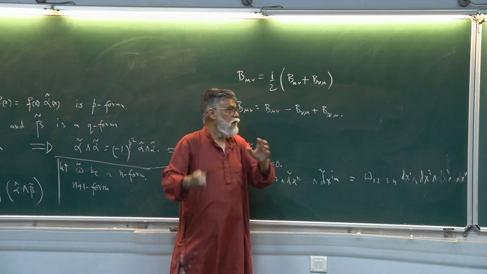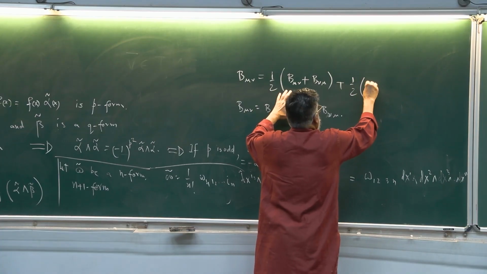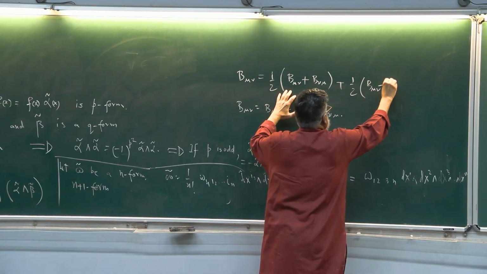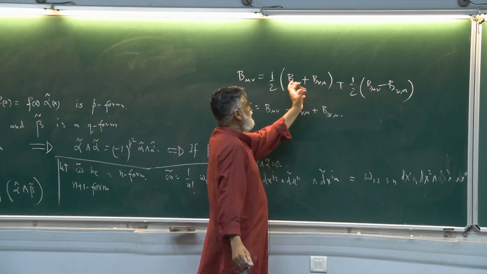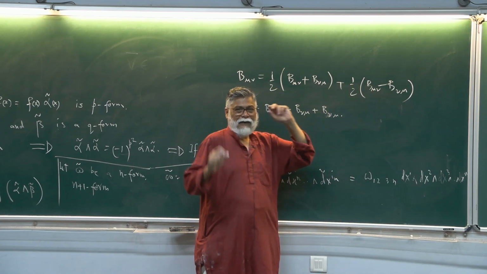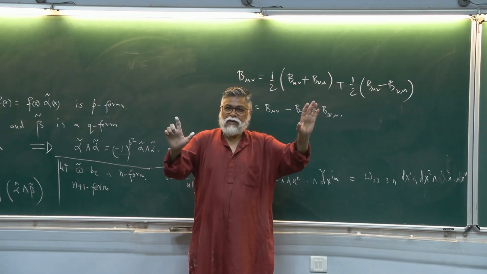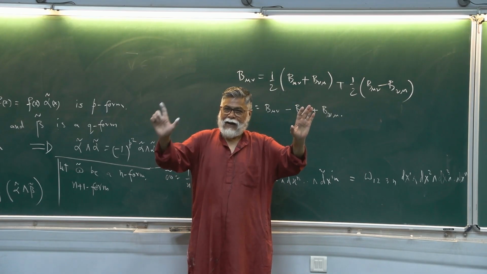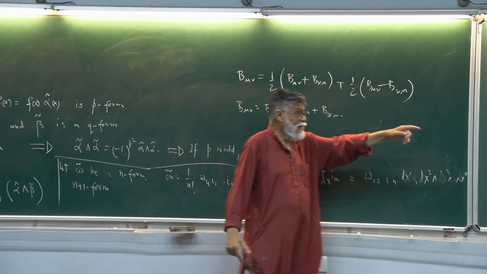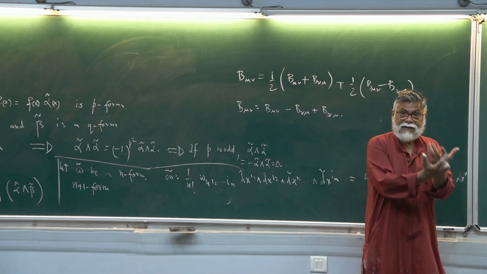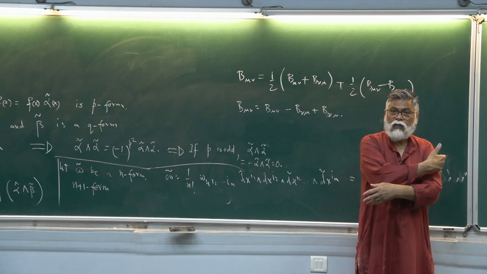So I can decompose it as a symmetrized B mu nu plus half B mu nu minus B nu mu. Because this cancels, this is symmetric and this is antisymmetric. So any tensor can be written as a combination of symmetric and antisymmetric parts. The wedge product, when you take a symmetric part, dx mu dx nu, will be 0.